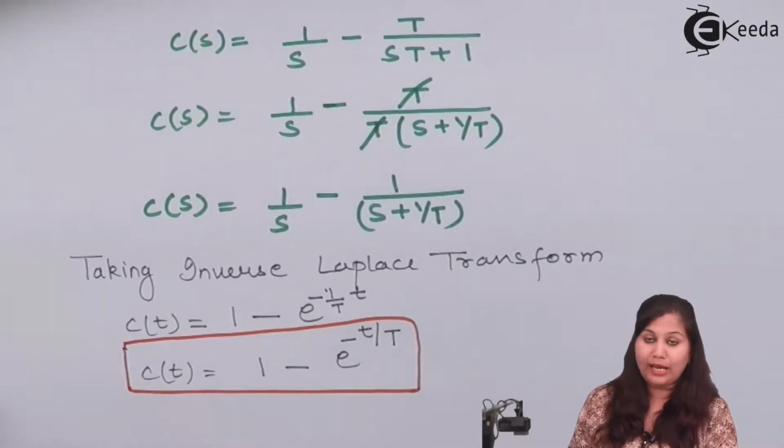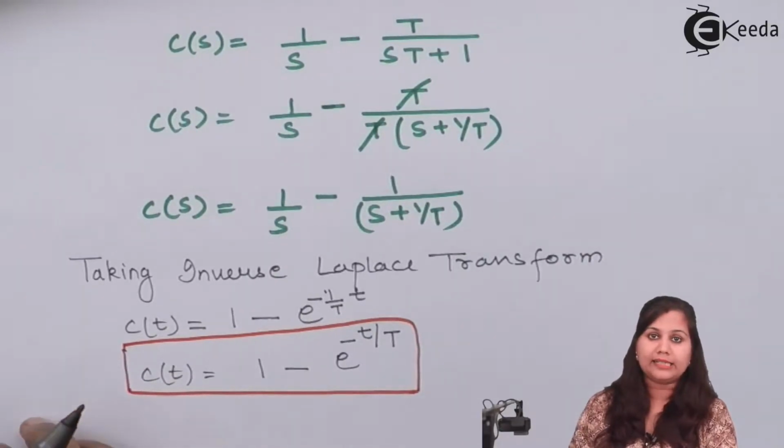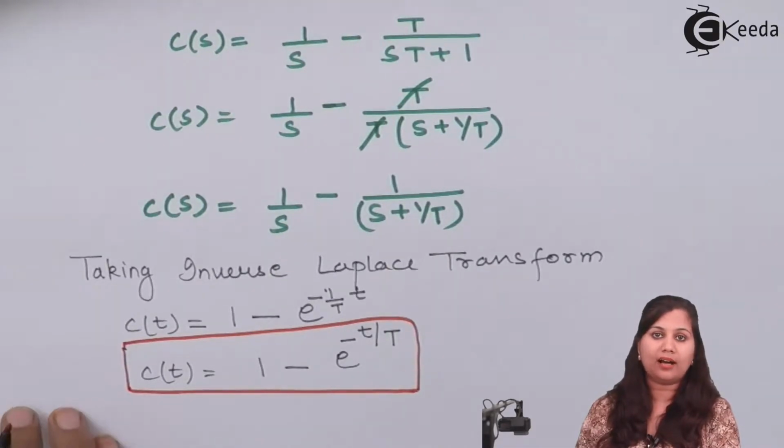Now we are going to calculate the error signal e(t), and the error signal is the difference of the input signal and the output signal.